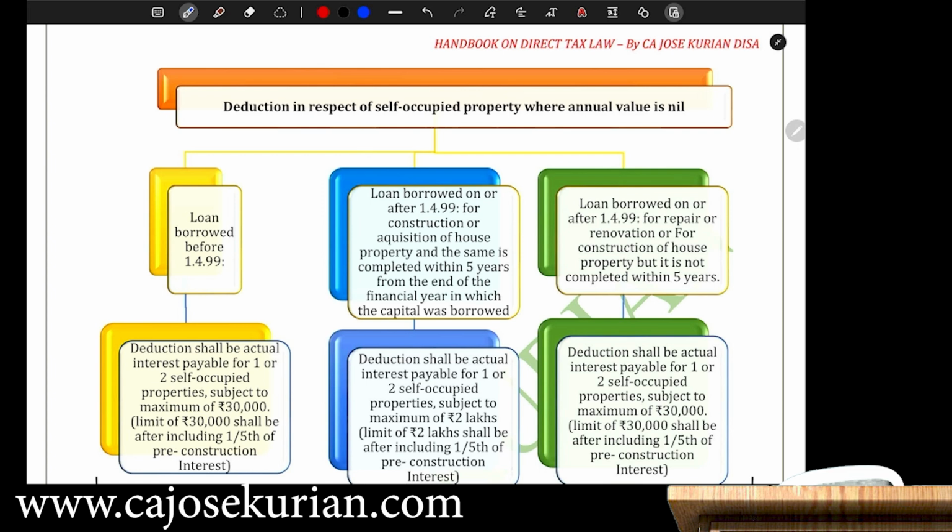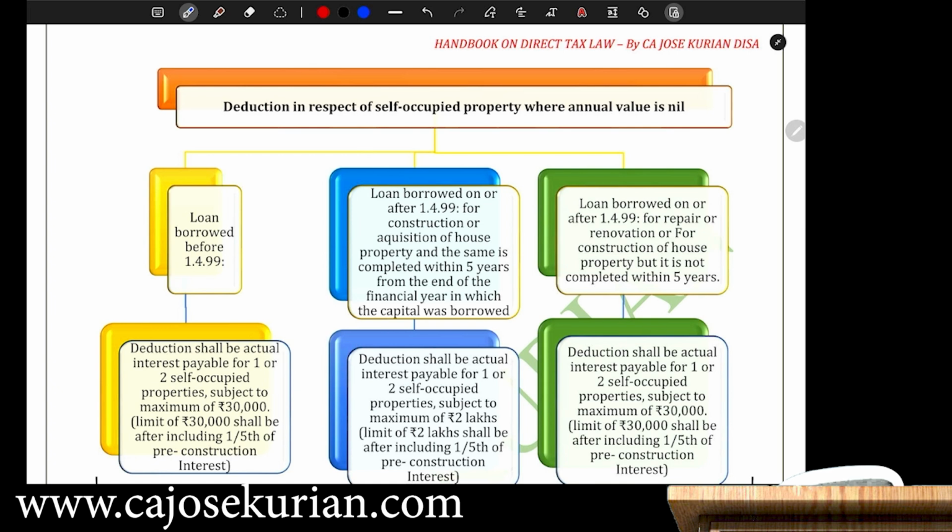But if your property is self-occupied, or a portion of a property is self-occupied, then there is a ceiling limit. Why is there a ceiling limit? Because we are not charging any income from that self-occupied property, so we are not allowing you to claim all the interest as a deduction.